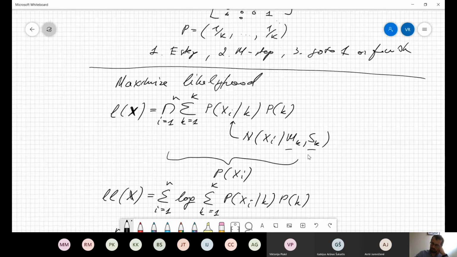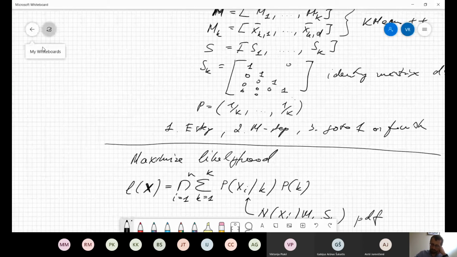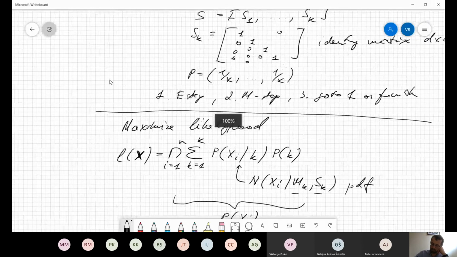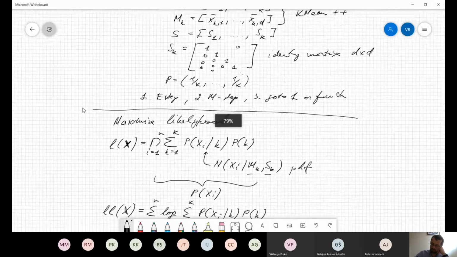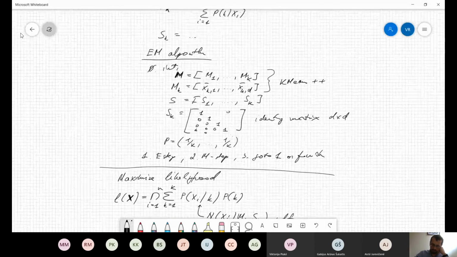This is just calculation of this posterior probability density function, right? And you can plug it in and it should work. Okay, but this is a more complicated case. I guess you understood it quite well, and you have some understanding about this kind of clustering.